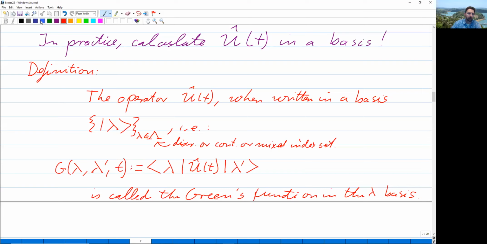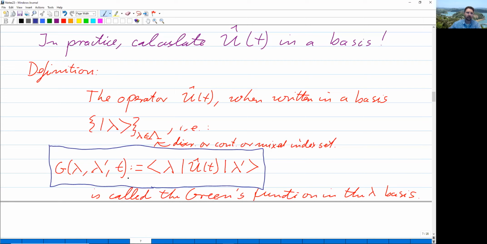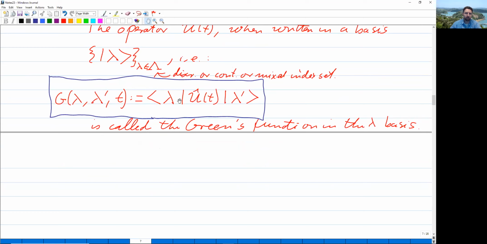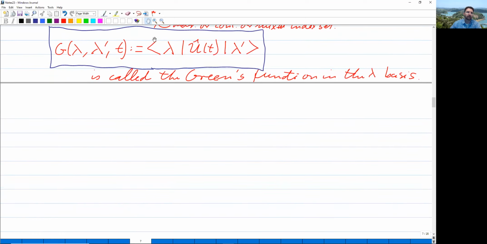Okay, so this is the definition of a Green's function in quantum mechanics, or in quantum theory. Now in practice, we often use the position eigenbasis. This is where it's coming from, but of course we can generalize this. So we can use any basis, but in practice, we often use the position basis.